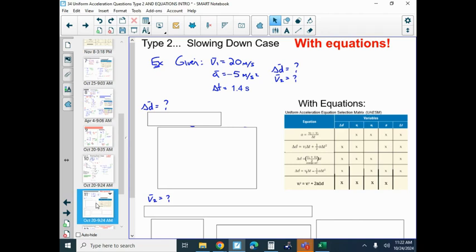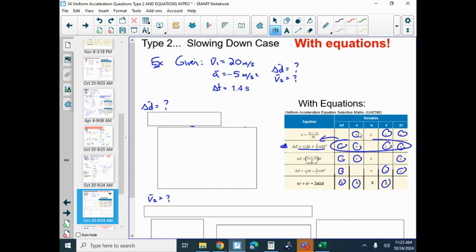So we've got V1, and we've got acceleration, and we've got delta T. Circling the ones that are in there, and then we're looking for displacement. Okay, so which one has all 4, and we can use it right here, right? All 4, use that one. So delta D equals V1 delta T plus 1/2 acceleration delta T squared.